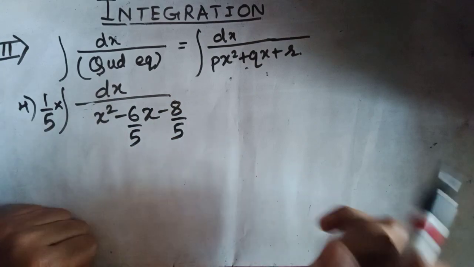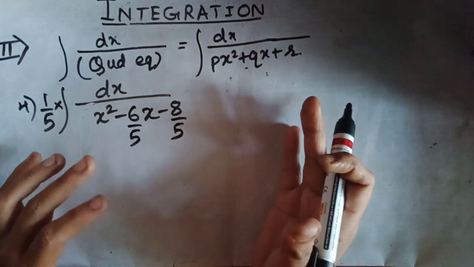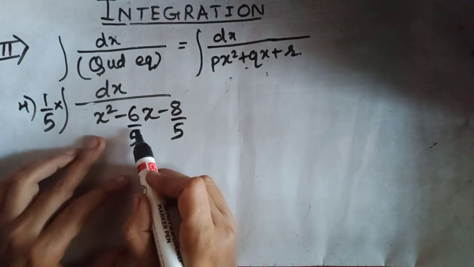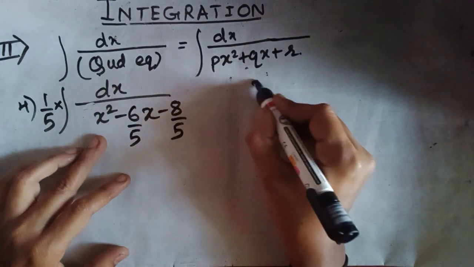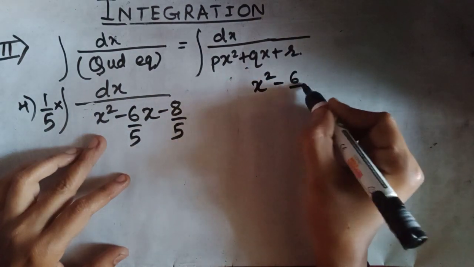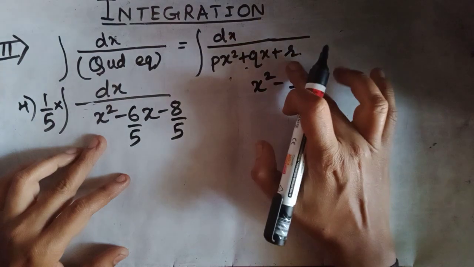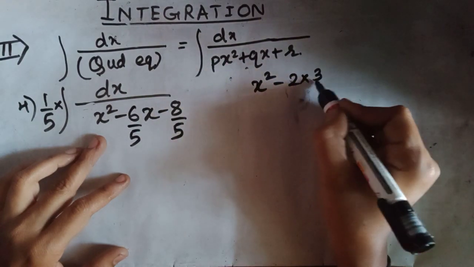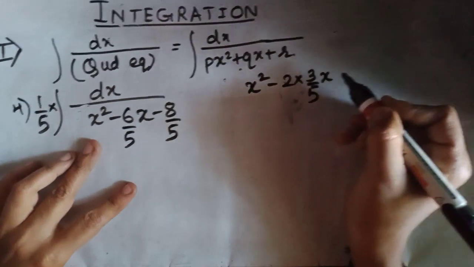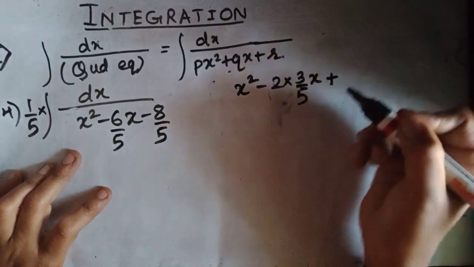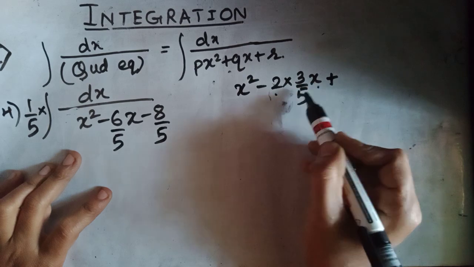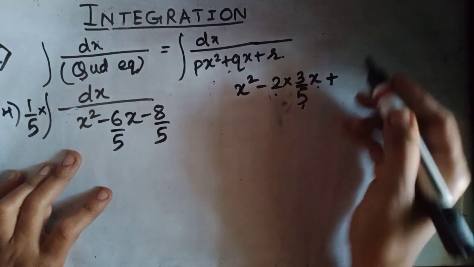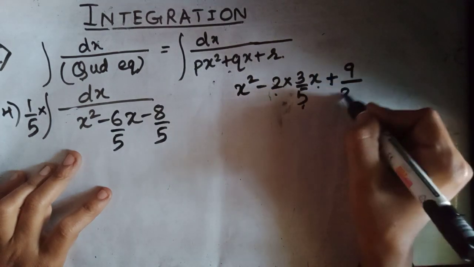Now you have to make the adjustments. This will be x square minus 6 upon 5x. You can write this as 2 into 3 by 5x, right? So this term will be 2ab, and b square you have to take, that is 9 upon 25.